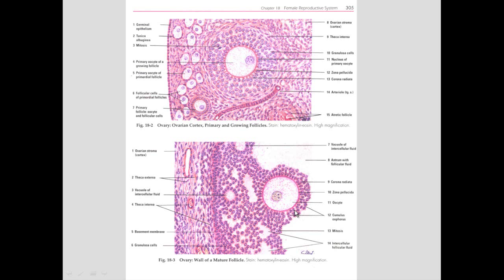That's the corona radiata, which is the cell layer that is actually touching the zona pellucida, and then the cumulus oophorus is the kind of mountain around the egg in the follicle itself. So here's the corona radiata of granulosa cells around the egg, zona pellucida, and the egg and the nucleus that we see right there.